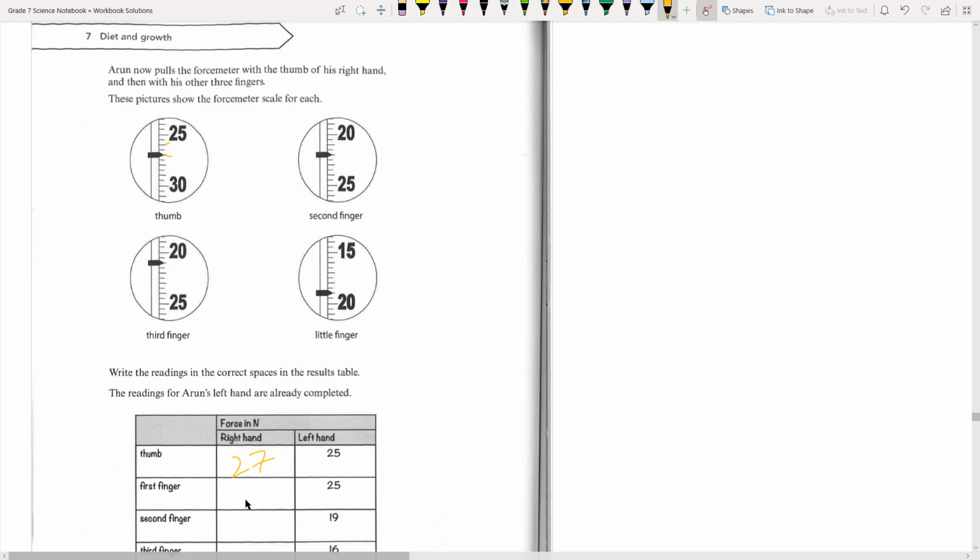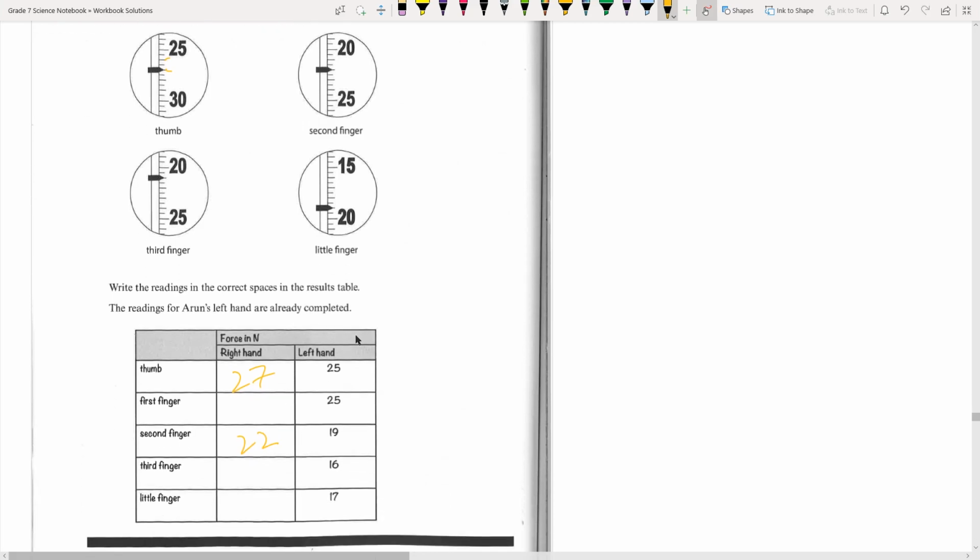Now for the first finger, there's no first finger given over here. Okay. And then for the second finger, we have again 21, 22. That is going to be 22. For the second finger, sorry, that is 22. And for the third finger, we have 21.